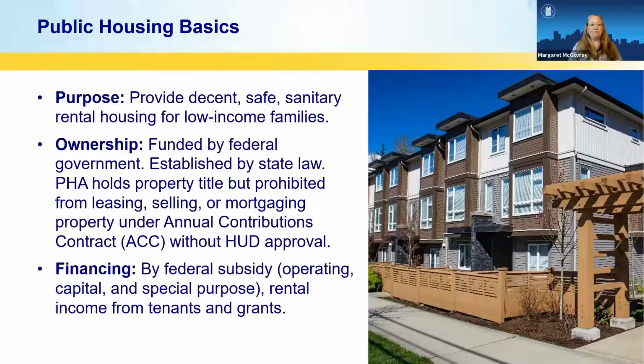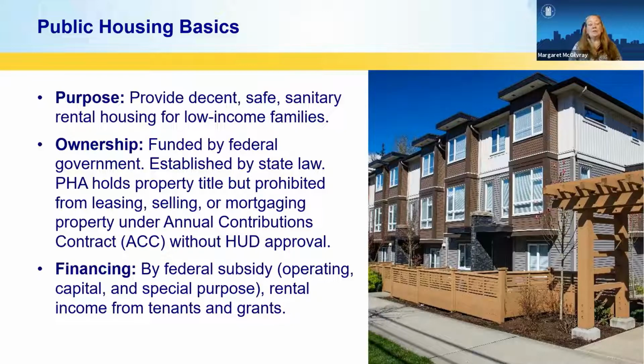Public housing is limited to low-income families and individuals, and HUD sets that lower income limit at 80% of median. The Housing Authority determines eligibility based on a family or individual's annual gross income, whether you are elderly, a person with a disability, or a family, as well as U.S. citizenship and eligible immigration status.